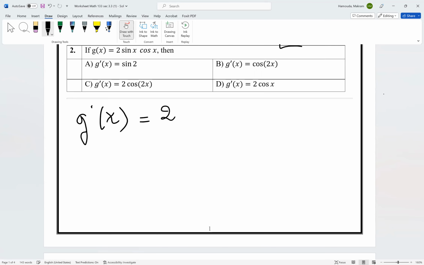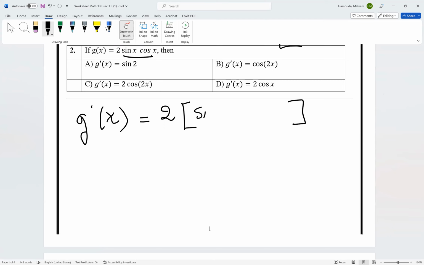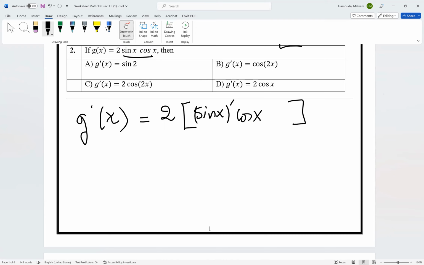This is a constant multiplied by a function, so it is kept multiplied. And the derivative of this product, sine times cosine, I will have two terms. So sine x prime multiplied by cosine plus sine x multiplied by cosine prime.